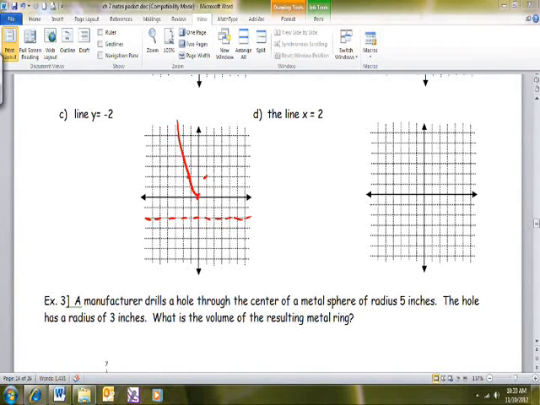So we've got our parabola, we've got our function here. We're still thinking the same area, the same rectangle. That's not changing when we revolve it around different parts. What's changing is our big R and our little r.